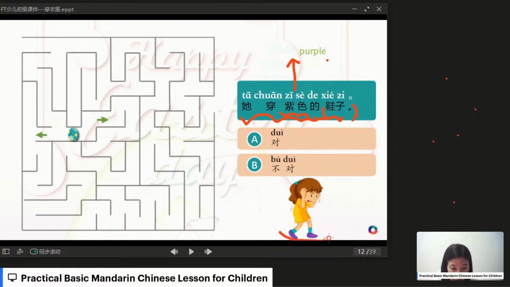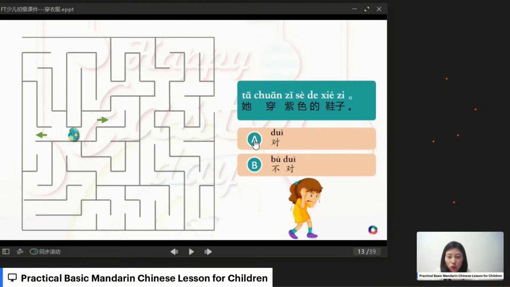This girl's shoes are purple, right? 紫色. By the way, purple is my favorite color. 我很喜欢紫色. But 我没有紫色的鞋子, I don't have purple shoes. But here the answer would be correct, 他穿紫色的鞋子.